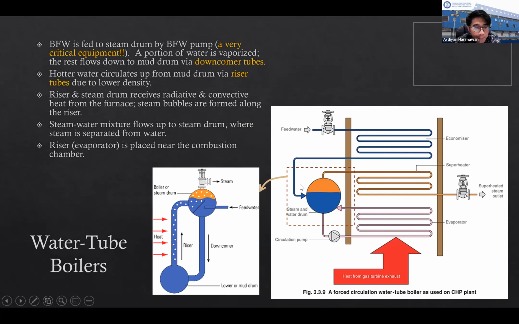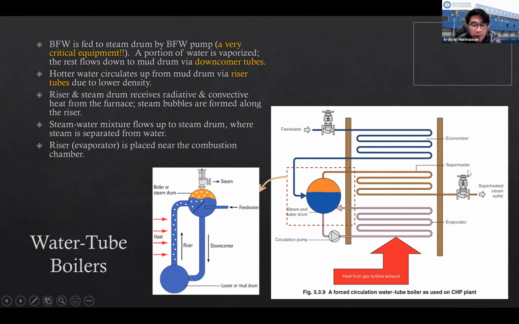Yeah, and this is what happens in this part. Then the steam will flow up in saturated condition, right? This saturated steam will receive additional heat from the gas. It becomes superheated steam.